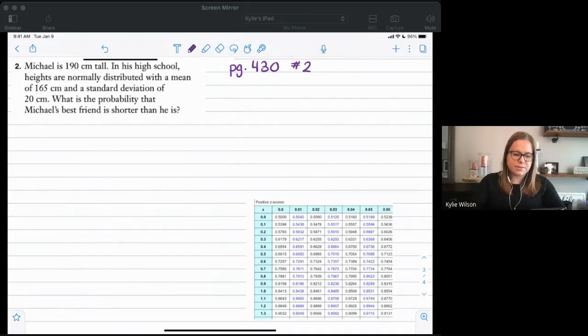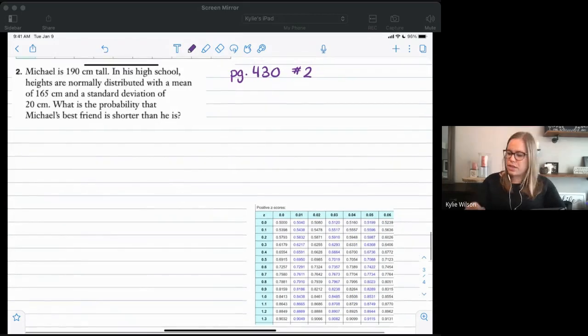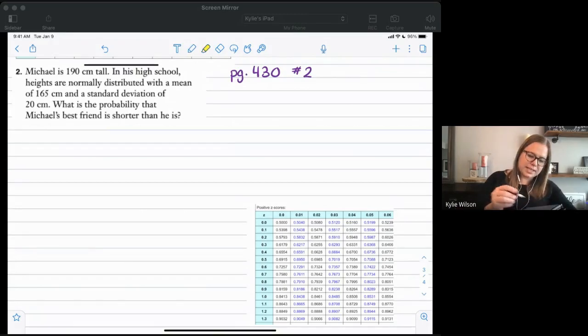All right. So here's our last question that we'll do today. Michael is 190 centimeters tall. In his high school, the heights are normally distributed with a mean of 165 centimeters and a standard deviation of 20 centimeters. What is the probability that Michael's best friend is shorter than he is?